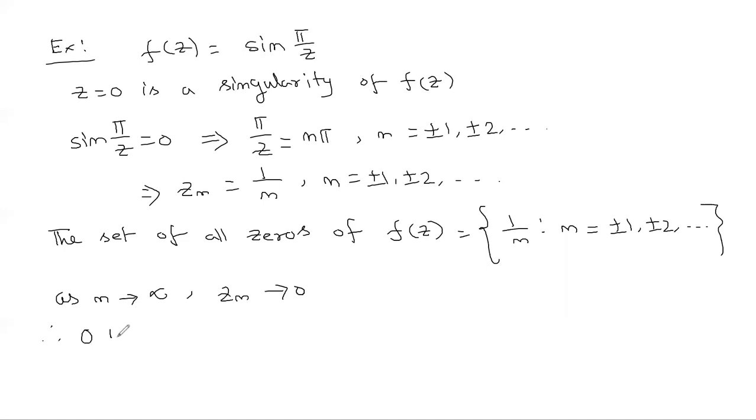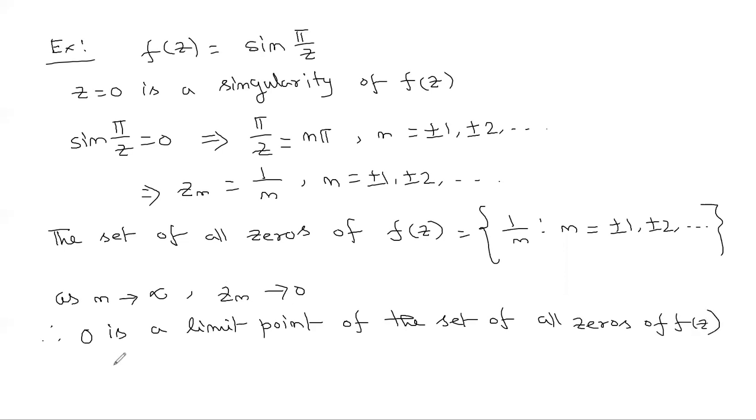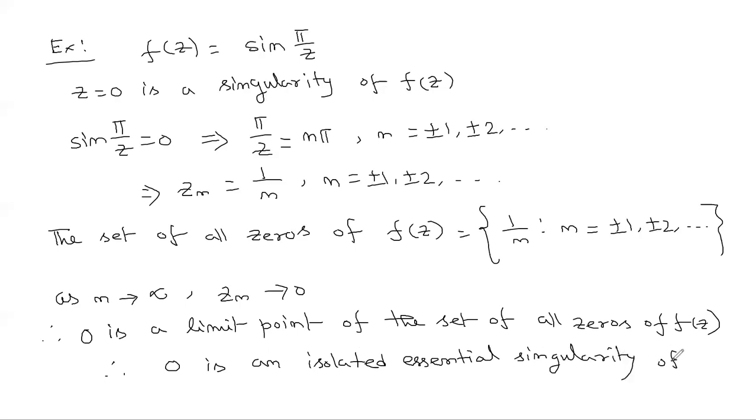So 0 is a limit point of the set of all zeros. So here we'll conclude that 0 is an isolated essential singularity of the function fz.